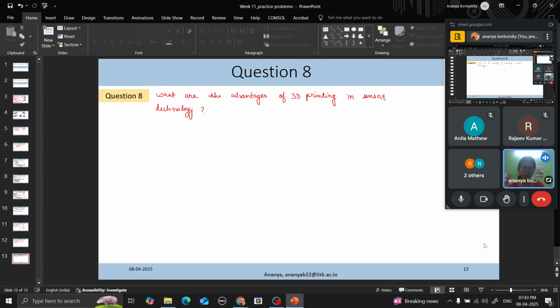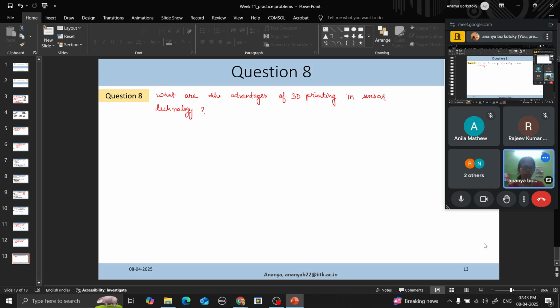Say we are designing a sensor, and we are using a simple sensing material, and the properties of this sensing material will change. Say the resistance of the material will change due to some target analyte. Say we are using it as a gas sensor, I'm just giving you an example.